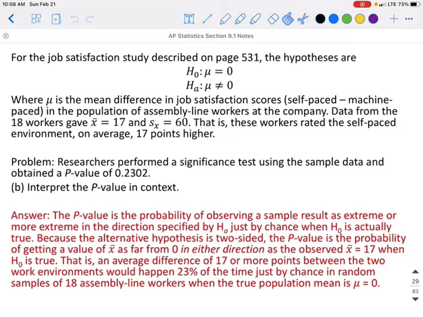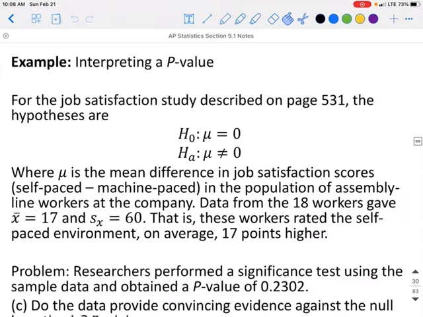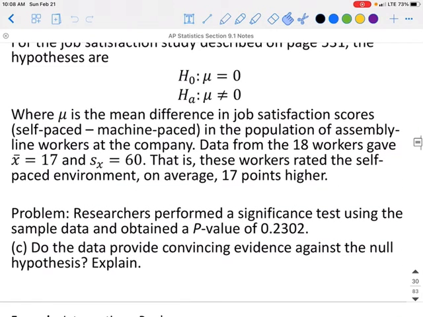What this means is an average difference of 17 or more points between the two work environments would happen 23% of the time by chance in random samples of size 18 assembly line workers when the true population mean is 0. Do the data provide convincing evidence against the null hypothesis?